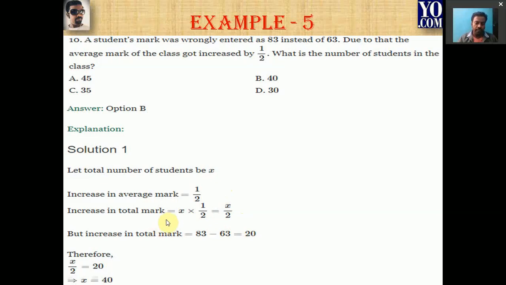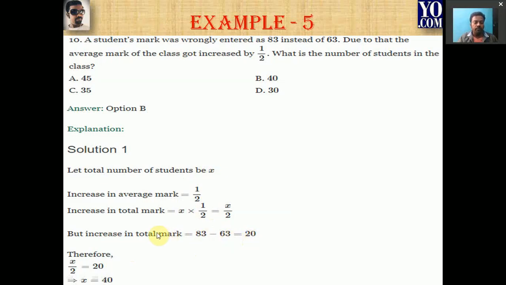The total number of students is x. So x into 1 by 2, that is x by 2, is the increase in total marks, that is 20. So instead of 63 they entered 83, so 20.